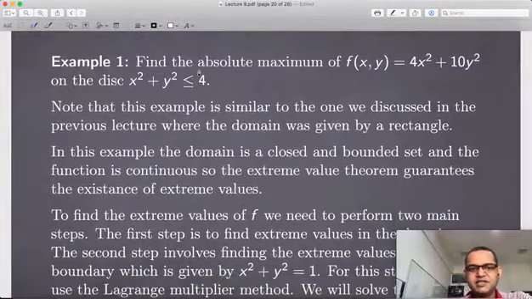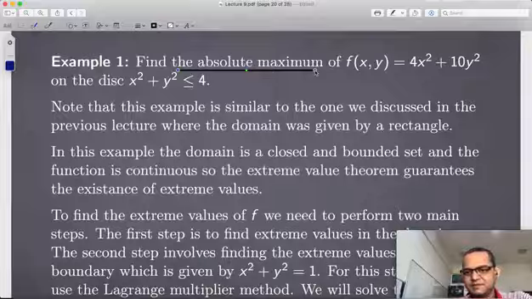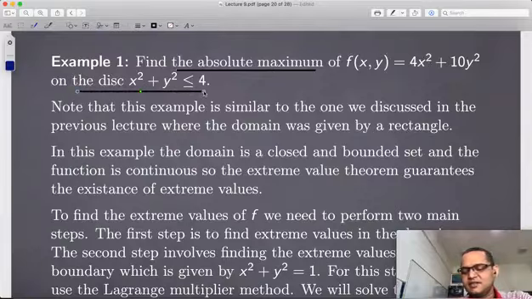The question is to find the absolute maximum of this function, and the domain is given. This is precisely the situation which we dealt with in the previous example. The only difference is that instead of a rectangular domain, it is a disk type domain.